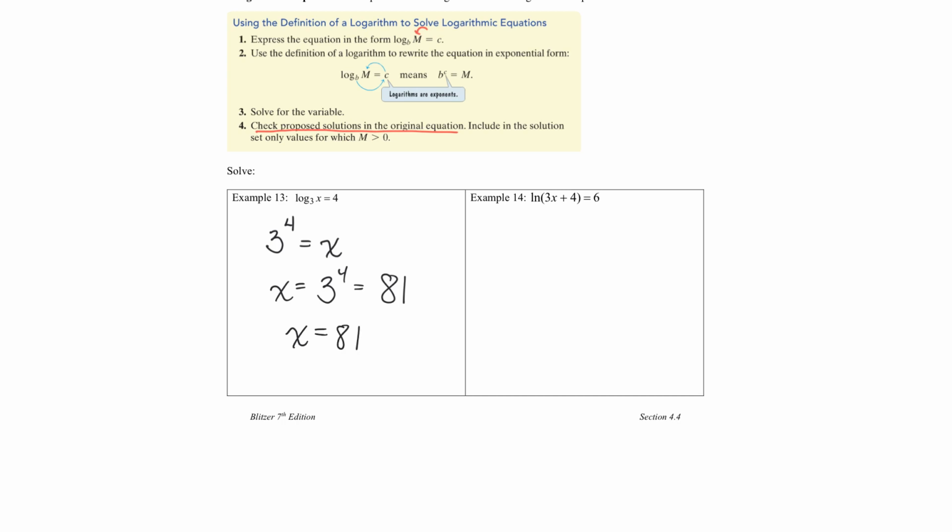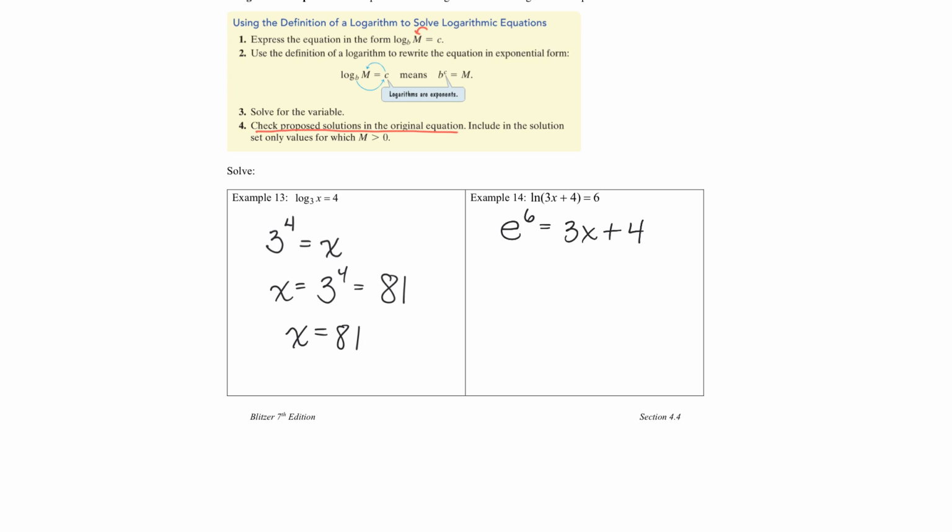So for example 14, we do have it in the form logarithm of an expression this time, natural log of 3x plus 4 equals 6, but it does meet that form. And for me to write this one in exponential form, I need to remember that the base for the natural log is e. So this is going to be e to the 6th equals 3x plus 4.